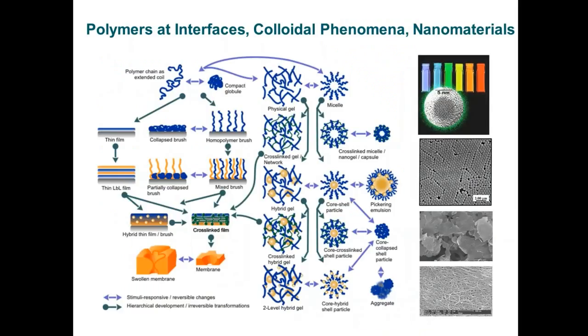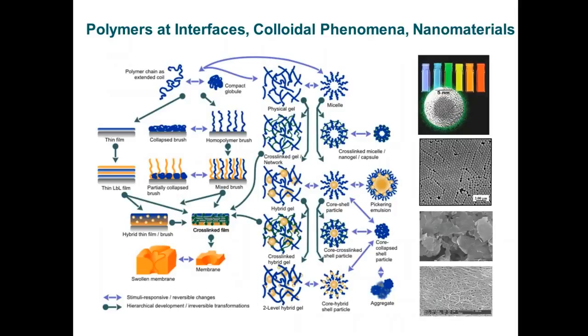So where do polymers and colloidal phenomena again play in? Polymers are used as inhibitors for scaling and corrosion. Different types of polymers can be used for enhancing viscosity. So think about guar, xanthan gum, polyacrylamide, different types of colloids as well.